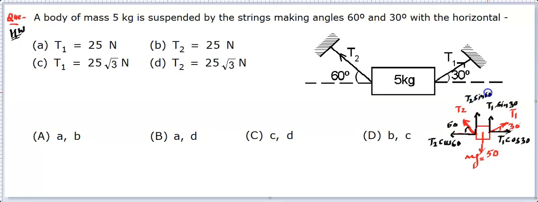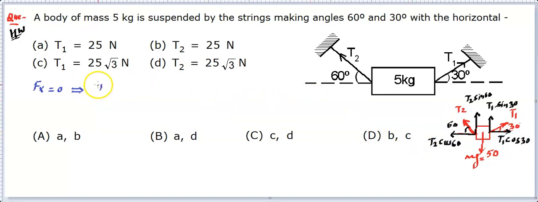Now you can write all the forces in the direction of x and the direction of y. So if you write all the forces in the direction of x, we can claim the net force along x has to be 0. That means the net force along the x direction must be 0. Which says there are two components, this is positive, this is negative, they must sum to 0, or you can say they must be equal since they are opposite.